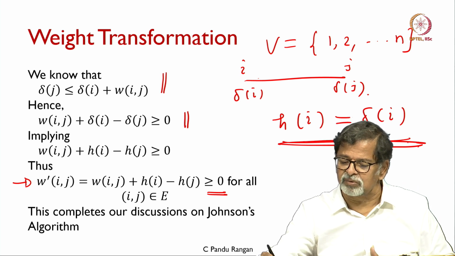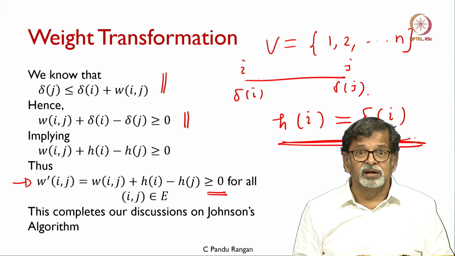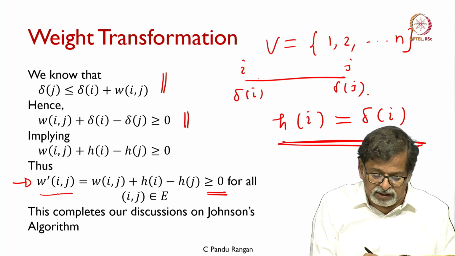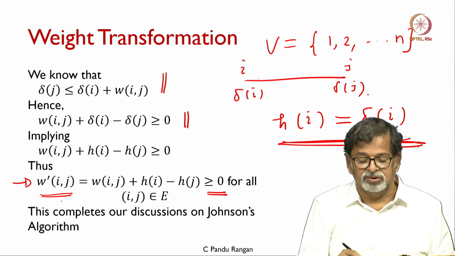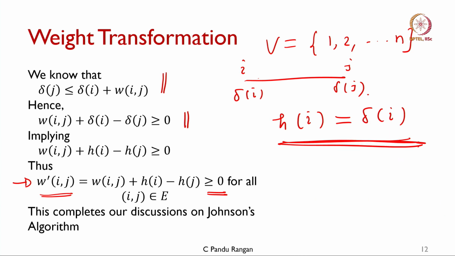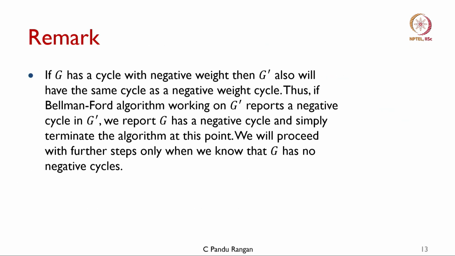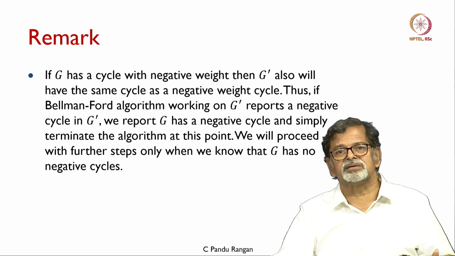Set h of i equal to delta i, and define a new weight function W dash ij using this formula. W dash ij is guaranteed to be positive. Apply Dijkstra's algorithm n times and solve the problem. Okay. This completes the discussions.